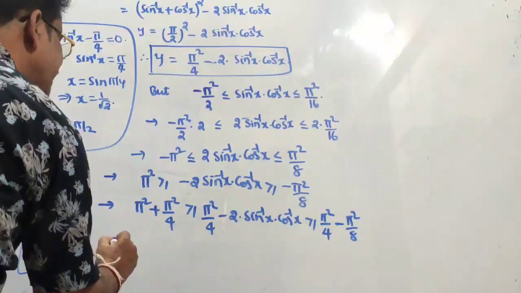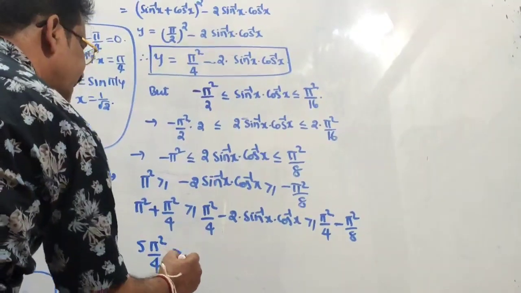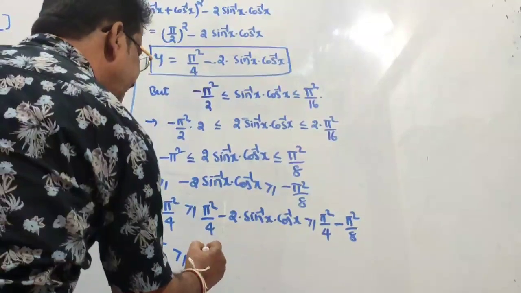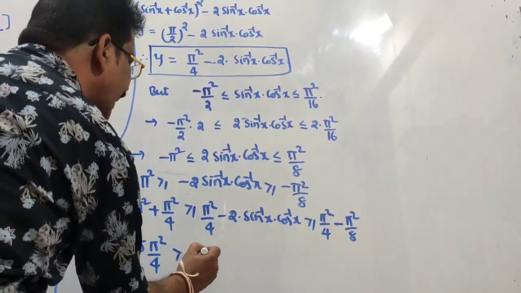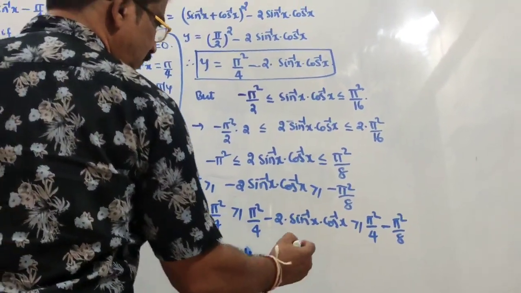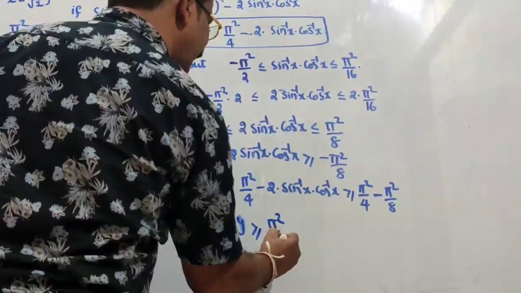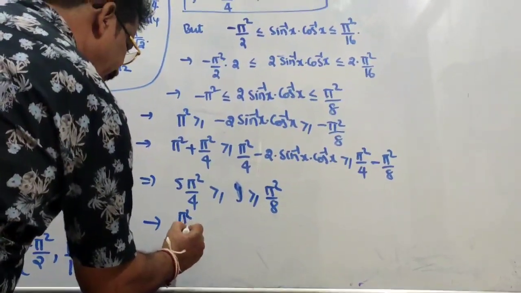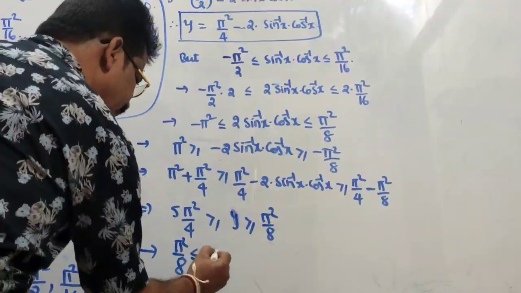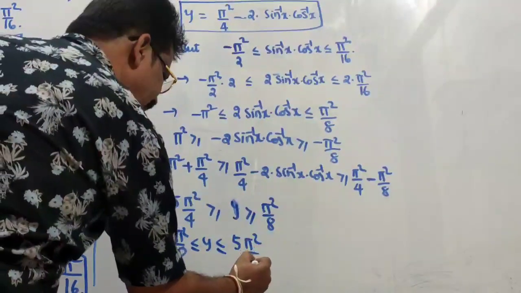So that implies 5 pi square by 4 is greater than or equal to pi square by 4 minus 2 sin inverse x cos inverse x, which means this is y. Y is greater than or equal to pi square by 8. So that implies pi square by 8 is less than or equal to y less than or equal to 5 pi square by 4.